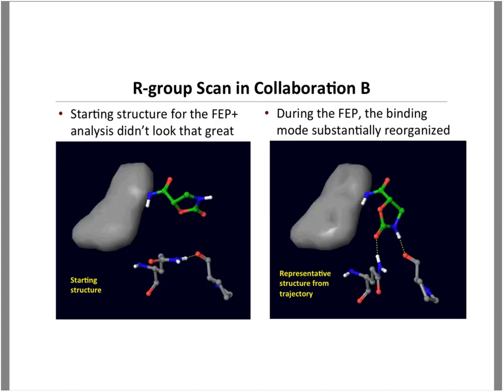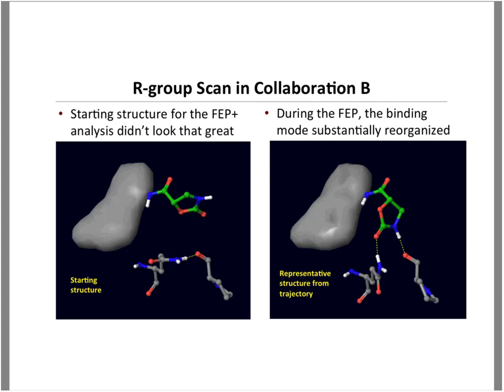If you look at what is going on during the FEP calculation, now remember these are molecular dynamics simulation-based calculations, and they take into account the flexibility of the protein. And what's important here is that it allows the protein to reorganize around a new R group that's introduced in the protein binding site.